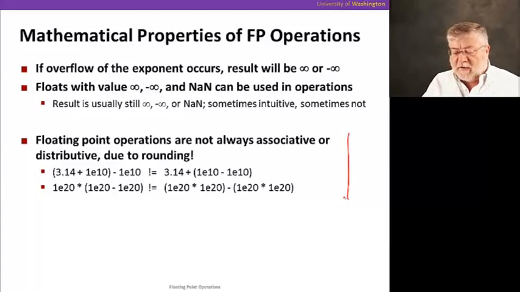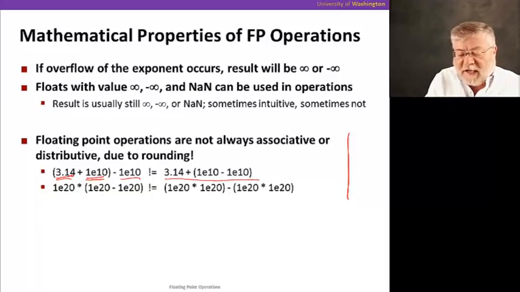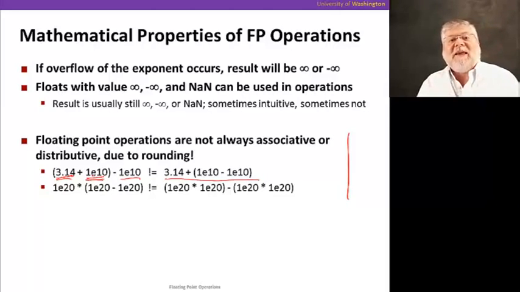Here's a little example. For example, if we add a small number to a really large number and then subtract that large number, we would expect to get that little number back. However, what we find is that that result is not equal to doing the operations in a slightly different order, because when we add that little number to the large number, it is so little we cannot actually fit it into the representation. In other words, because we have to represent this large number, we end up taking up all of the significand bits.